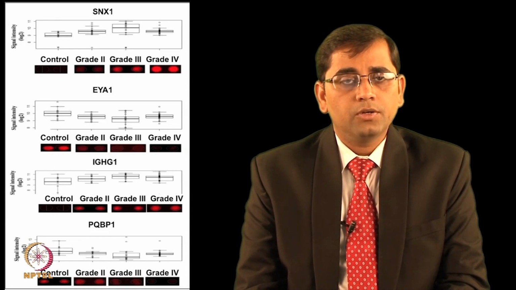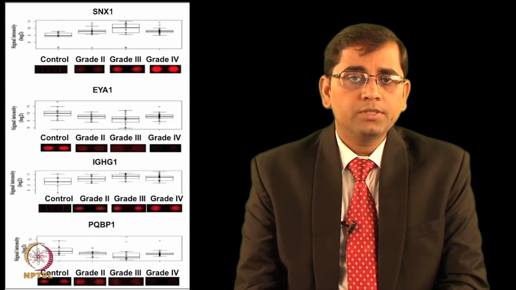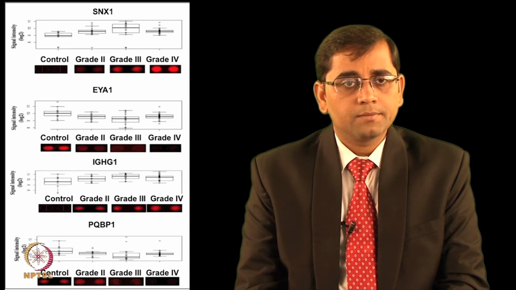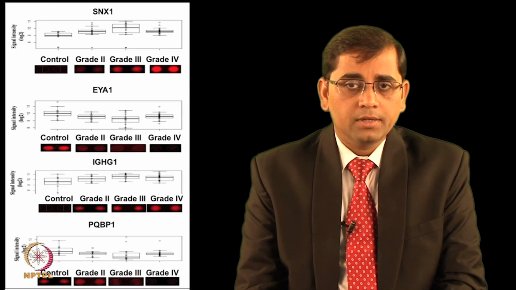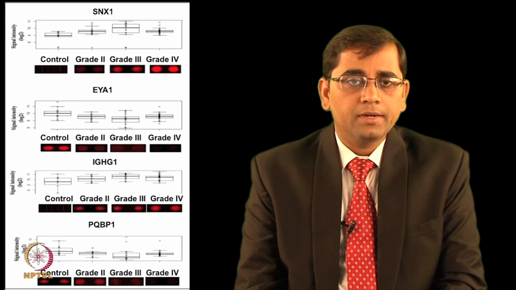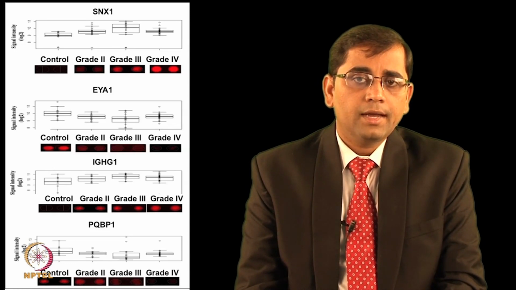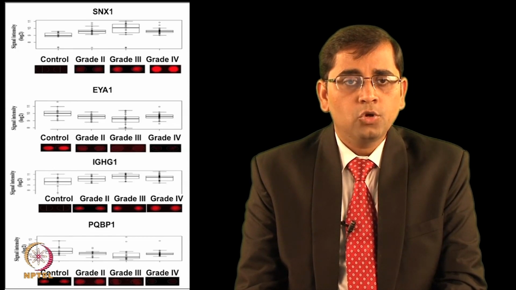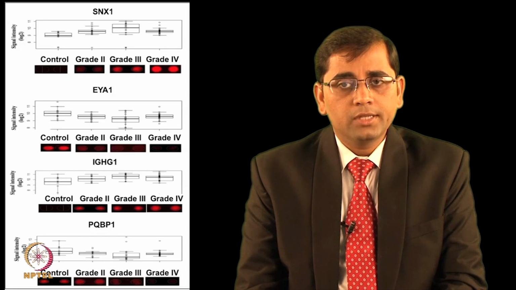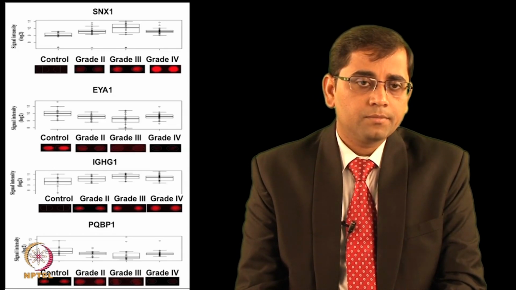The sorting nexin 1 or SNX1 is known to interact with EGFR and is highly relevant in gliomas. EYA1 protein has a putative role in innate immunity, DNA damage repair, angiogenesis and cancer metastasis. IgG1 or immunoglobulin heavy constant gamma 1 protein may play a role in immune system evasion mechanisms.